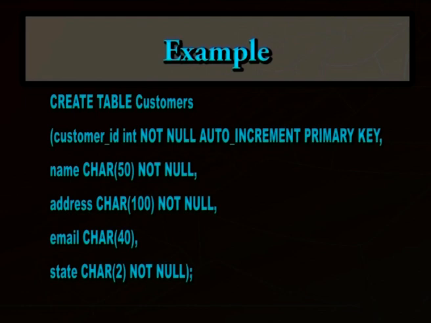Auto increment constraint specifies that it will be incremented automatically, and primary key constraint specifies that it is the primary key of the table. The name, address, email and state attributes are of the character type, in which name, address and state attributes can't be left blank.